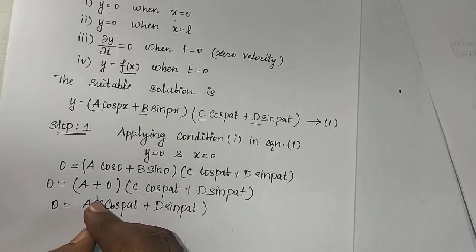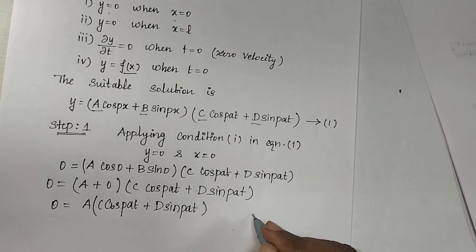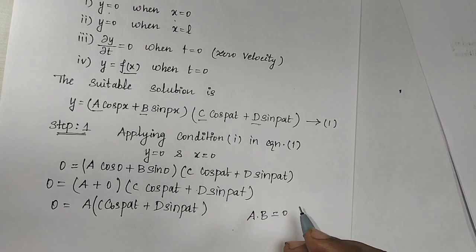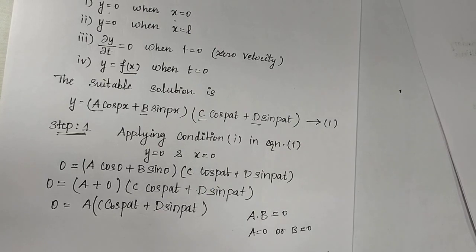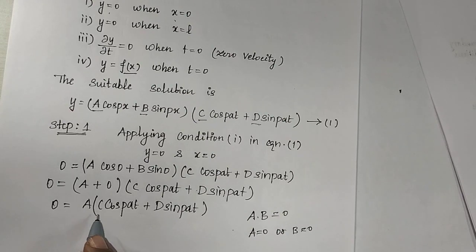So here we have to apply the trivial solution model. Whenever you have a·b = 0, here we can take a = 0 or b = 0, anyone not equal to 0. So here consider c cos pat + d sin pat as a single term.